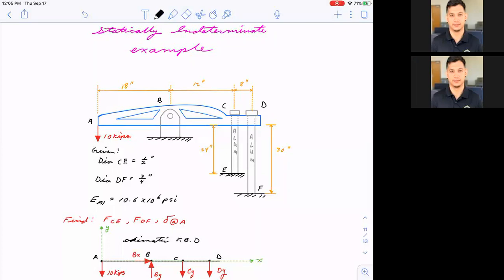Okay, so today I'm going to be doing an example of a statically indeterminate problem. And we have this rigid body A, B, C, D that's bolted at C, D. And we also have a pin at B. Okay, so the given things are the diameter CE, diameter DF, and the modulus of elasticity for aluminum.